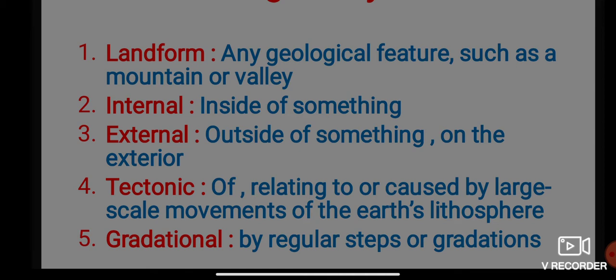Inside of something is known as internal, and opposite to that is external. Outside of something, on the exterior, is known as external. And what is tectonic? Of or relating to or caused by large scale movements of the earth's lithosphere is known as tectonic. And what is gradational? By regular steps or gradations is known as gradational.